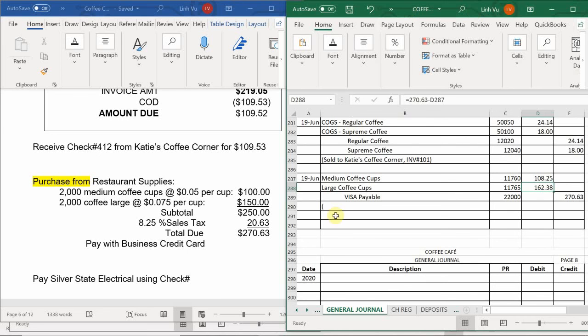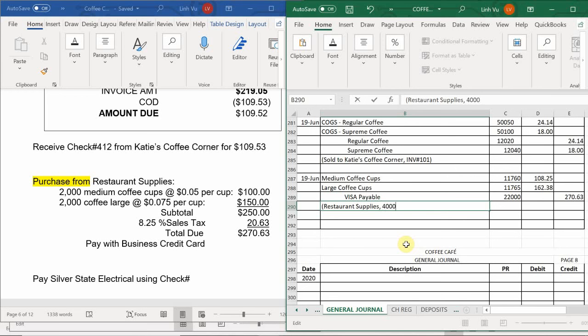So what's my description going to be? I just put restaurant supplies, 2,000 cups. In this case, we bought a total of 4,000.